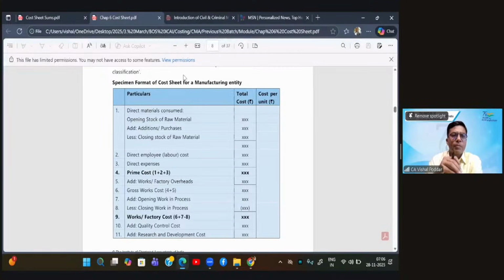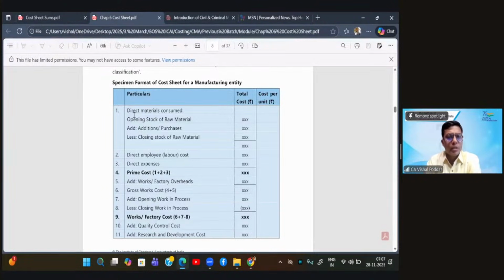This makes up the first step in the cost sheet, that is, deriving the basic cost of that product. The terminologies used in the cost sheet may appear very technical, but if you understand this logic and flow, remembering the format will be very simple.